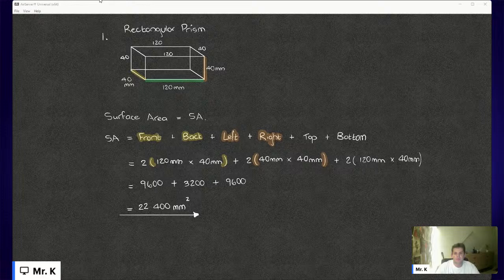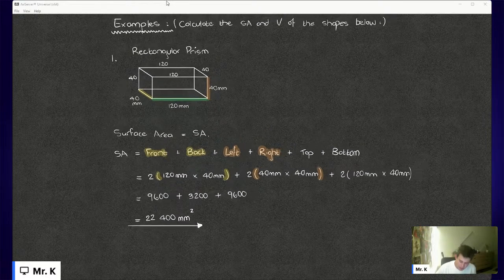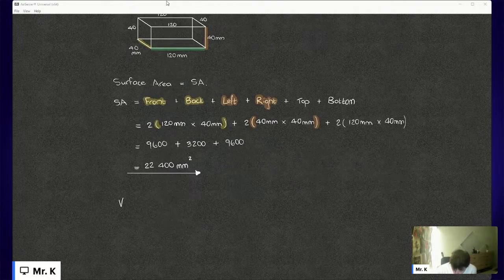You need to keep in mind this is the area for every single piece of the shape that you can touch on the outside. The top, the bottom, the left, the right, the front, the back. Okay. Certain shapes are going to have more elements, certain shapes are going to have less. But it is usually going to be a relatively big number. So there we go. That's the first step. We've gone and calculated the surface area for shape number one.